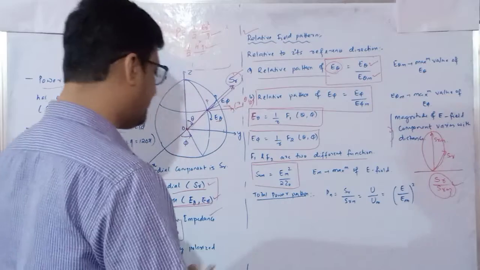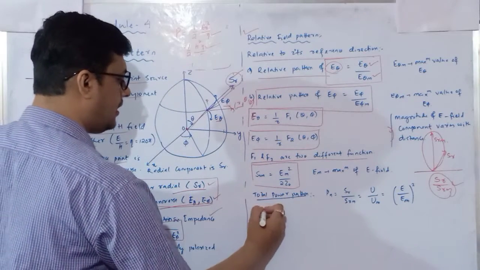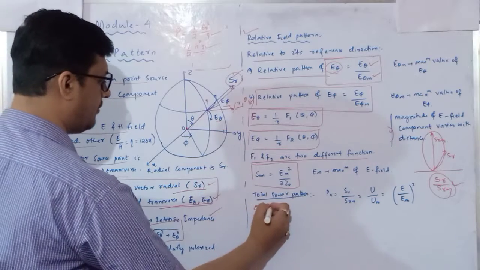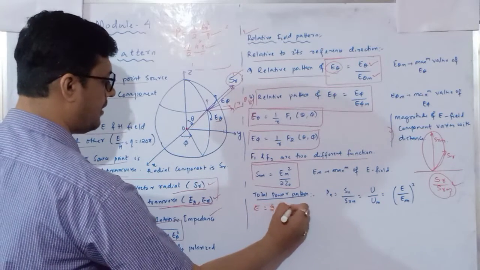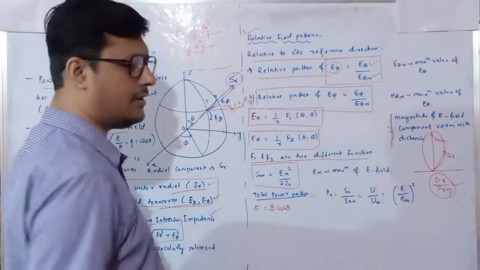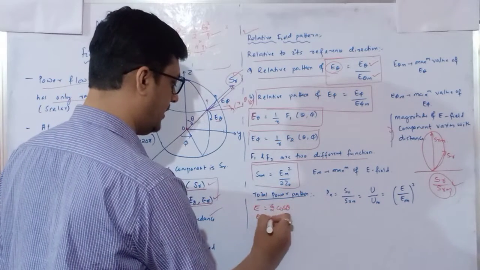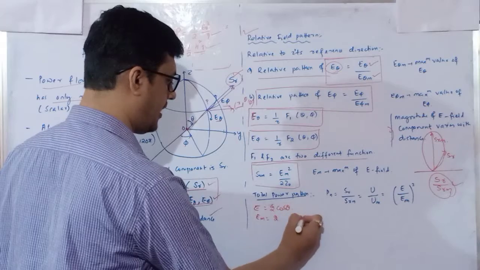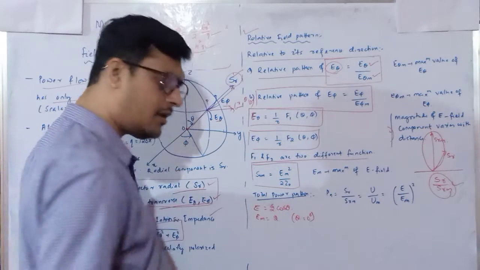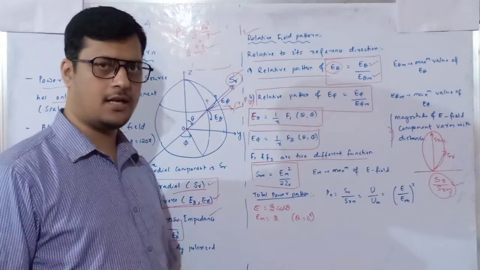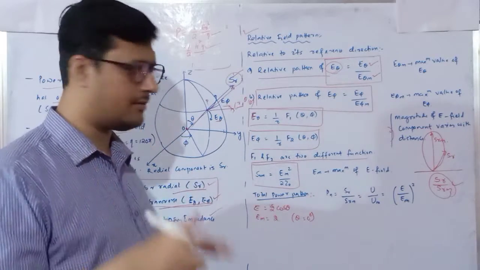For example, after this solution, E is equal to 2 cos theta, as we have identified. Let us consider the same example, 2 cos theta. So what is our EM? EM is 2 at theta equal to 0 degree. So if you divide E by EM, you will get cos theta. So that is one relative field pattern.